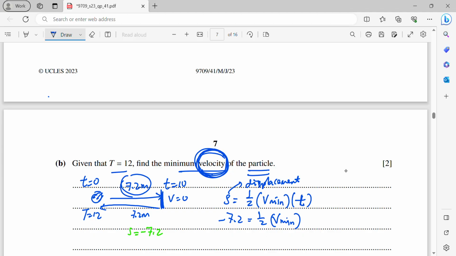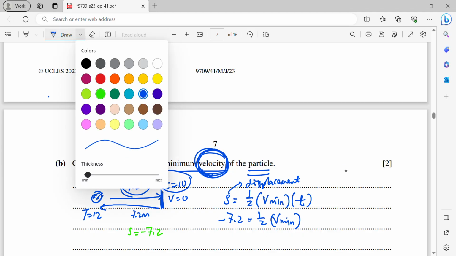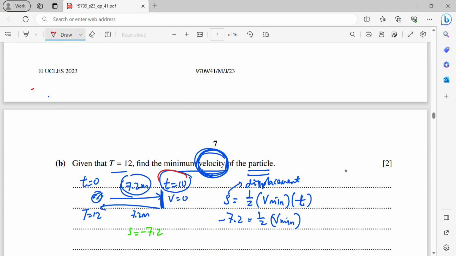Then the t here is the time taken. Look at here, this is 10. When it reaches this point, it is 10 seconds. But when it goes back and reaches 0, the initial point, it is 12 seconds. That means the time taken here will be just 2 seconds. If you want to do it step by step, it will be 12 minus 10, but it's actually 2 seconds.